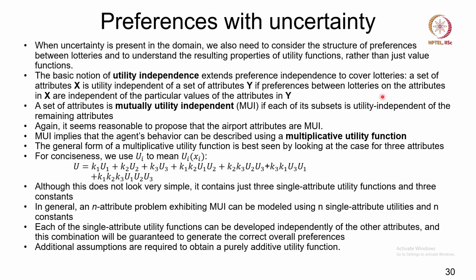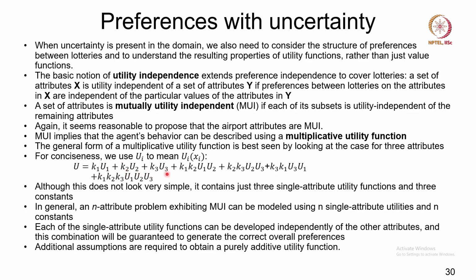So we could say that in the case of the airport attributes, they are also mutually utility independent. If that is the case, then again you can get a utility function in this way. We can put the utility function as some constant k1 times utility u1 plus some constant k2 times utility u2.